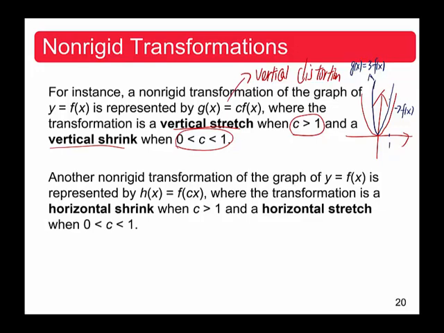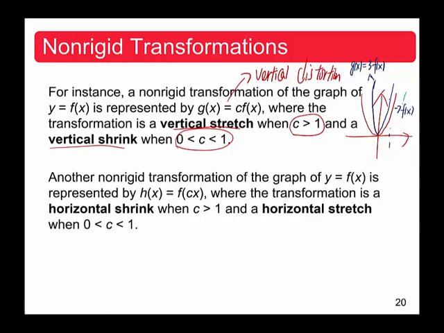And also, if c is greater than 0 and less than 1, let's say it becomes half of this function, then we'll have a vertical shrink, meaning the graph will become wider. For the same x value, now the y value will become, let me use a different color, instead of having this, the y value now will become half as much.